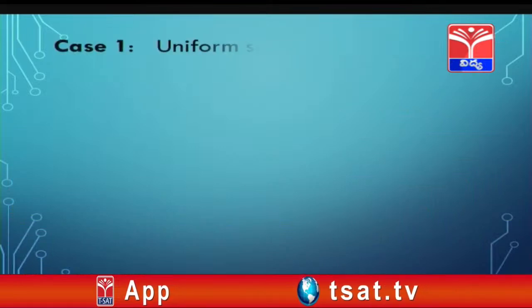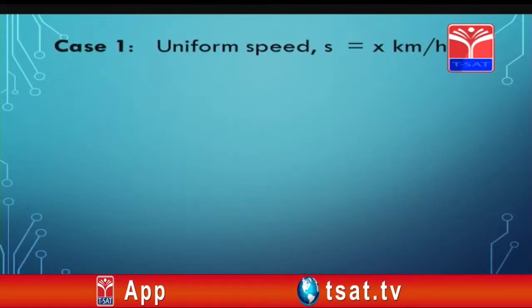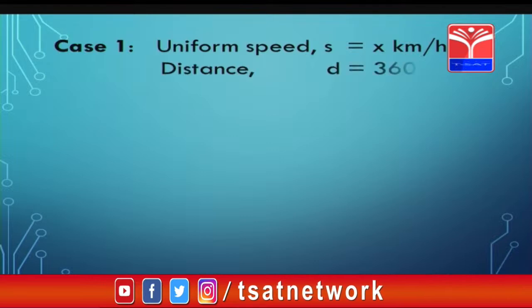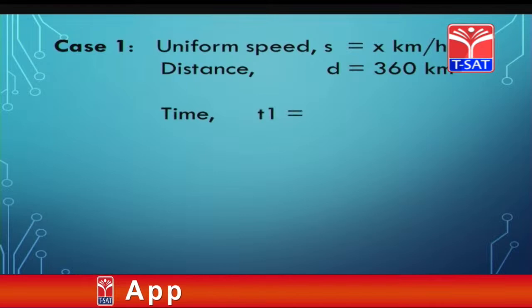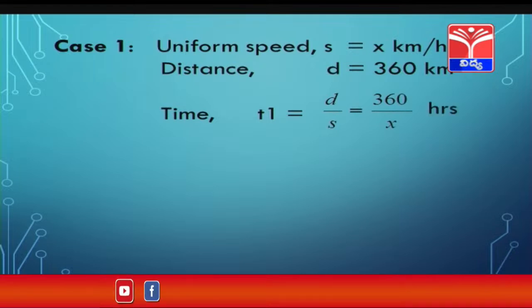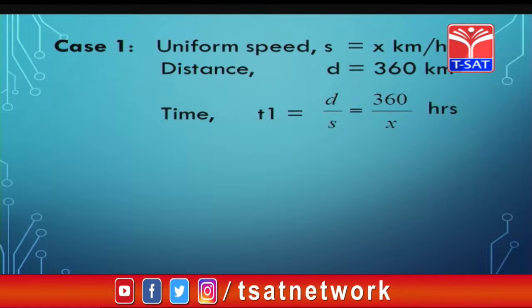There can be two cases possible. Case 1, when the train is travelling with a uniform speed, s, let me consider it as x kilometers per hour, and the distance given to us is 360 kilometers, and we know time t1 is equal to distance by speed, which is equal to 360 by x hours. Now, in the question it is given if the speed has been increased by 5 kilometers per hour more.